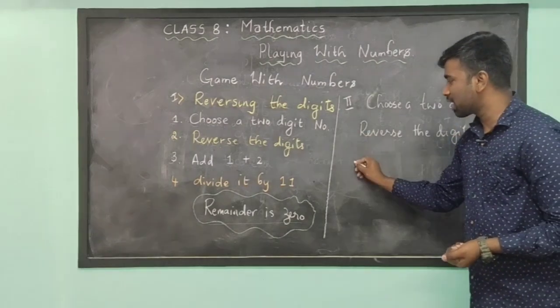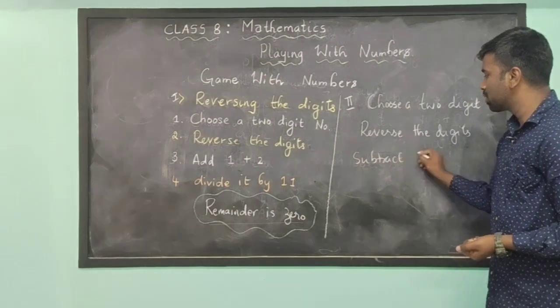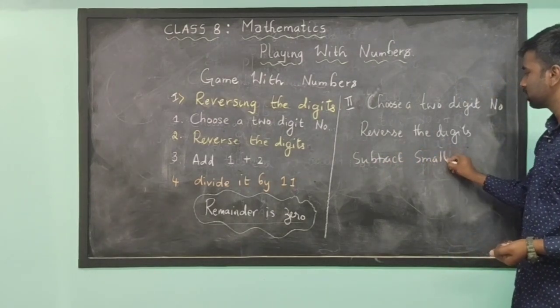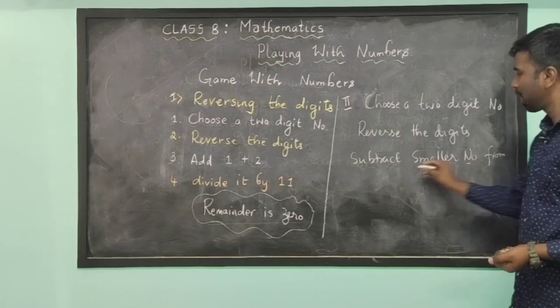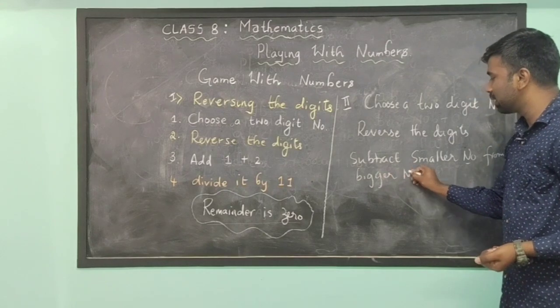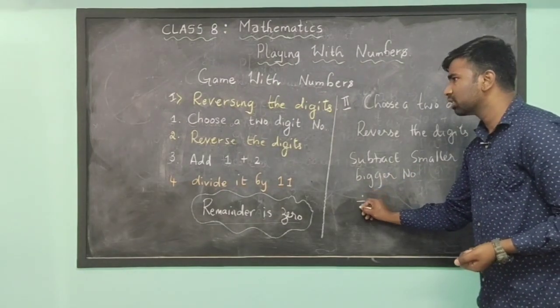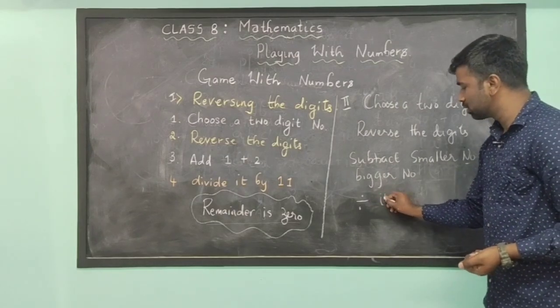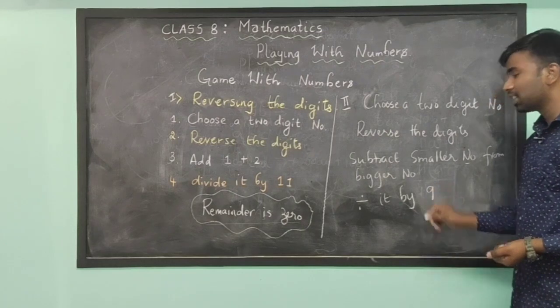What is the third step? Subtract the smaller number from the bigger number. Then what you should do? Divide it by 9.